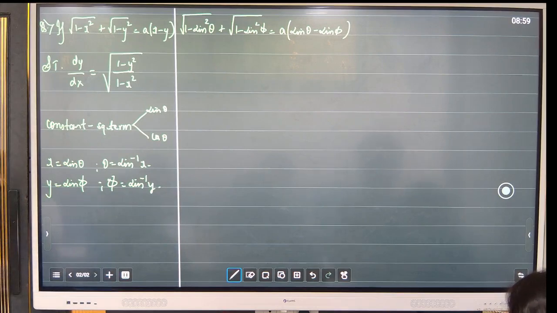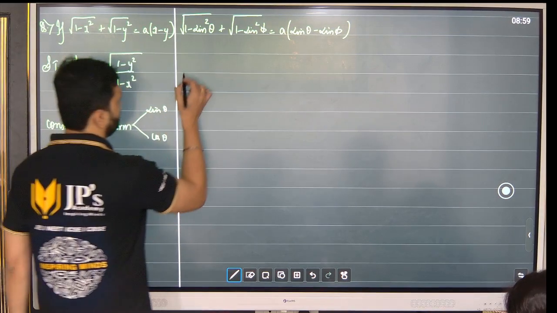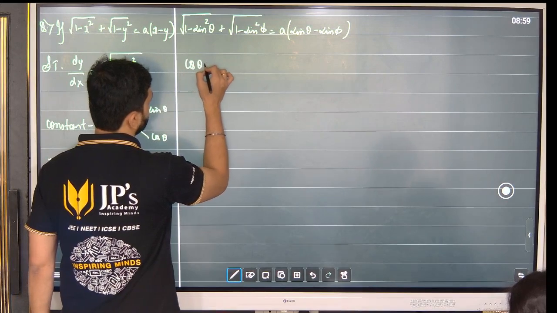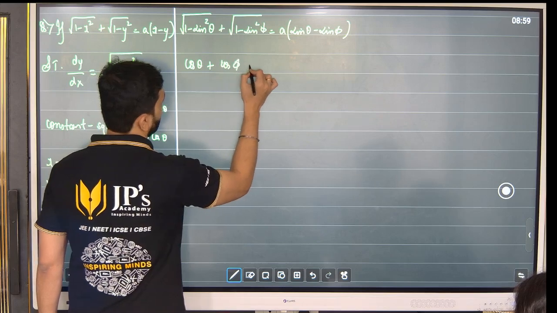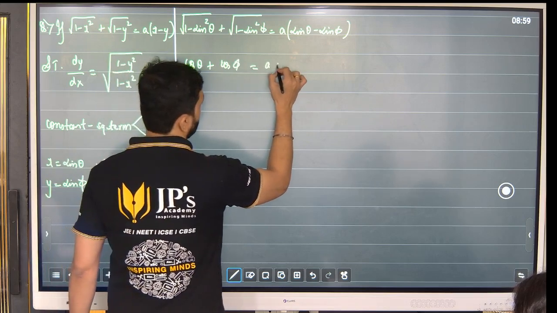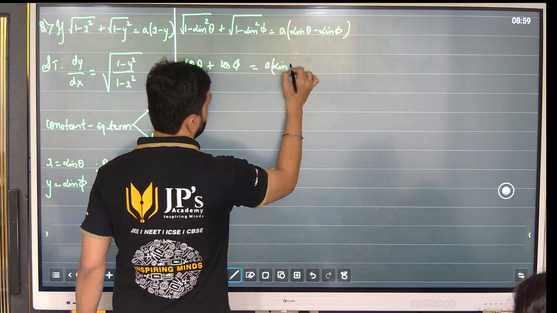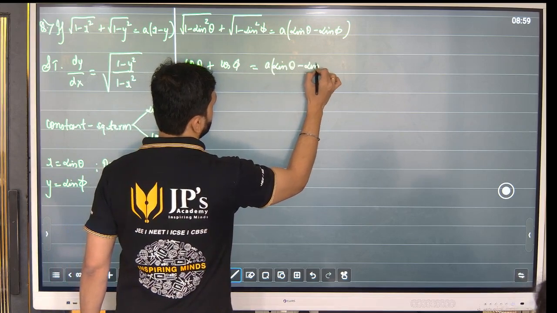Now I know that on the left hand side, 1 minus sine square theta will become cos theta, 1 minus sine square phi will become cos phi, and this will become a bracket sine theta minus sine phi.